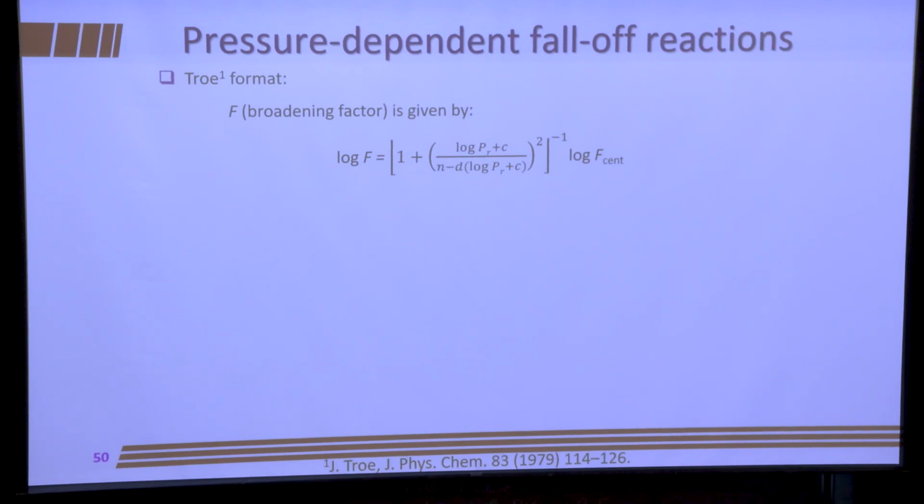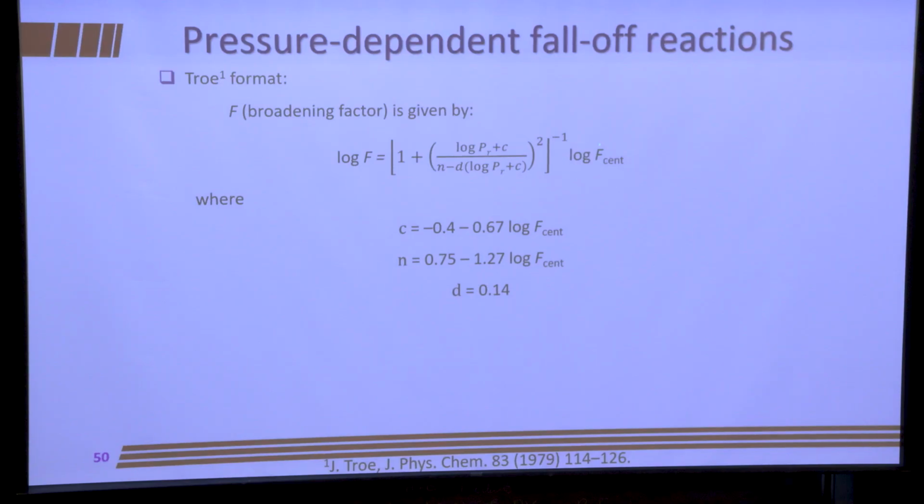So this is a very complicated looking expression, and it is, because C is equal to this expression here, N is equal to this expression here, and D is equal to 0.14. We have to include these numbers in our calculation to get log F.